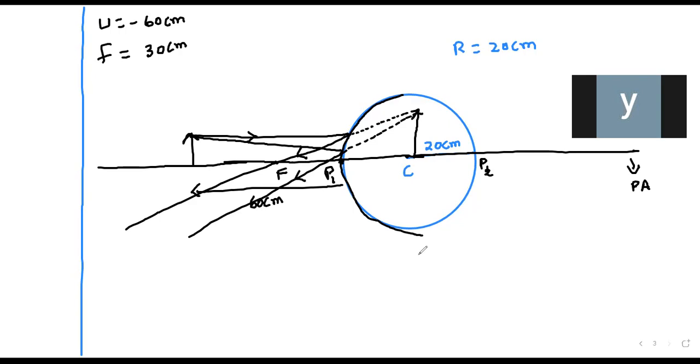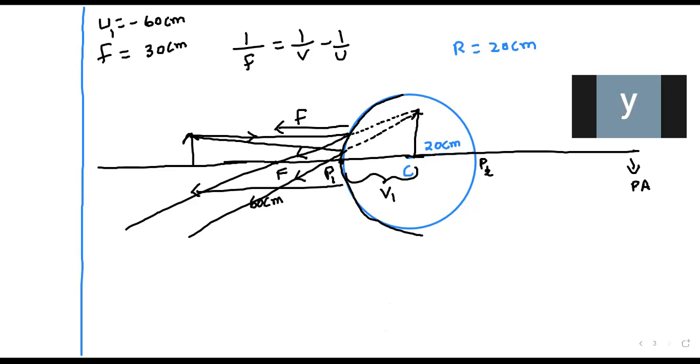Now from the pole P1, I want to find the image distance. I'll put it as V1, and this one as U1. So by using the principle 1 by F equal to 1 by V minus 1 by U, that means from the pole you can see focal length and object distance are negative.